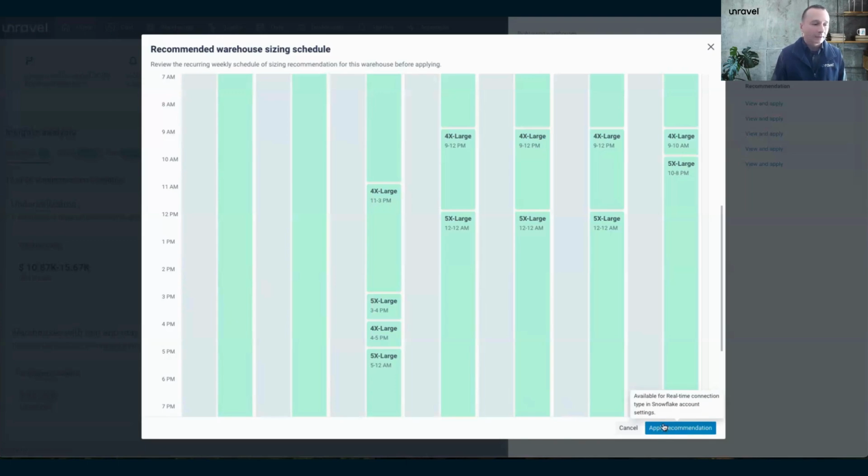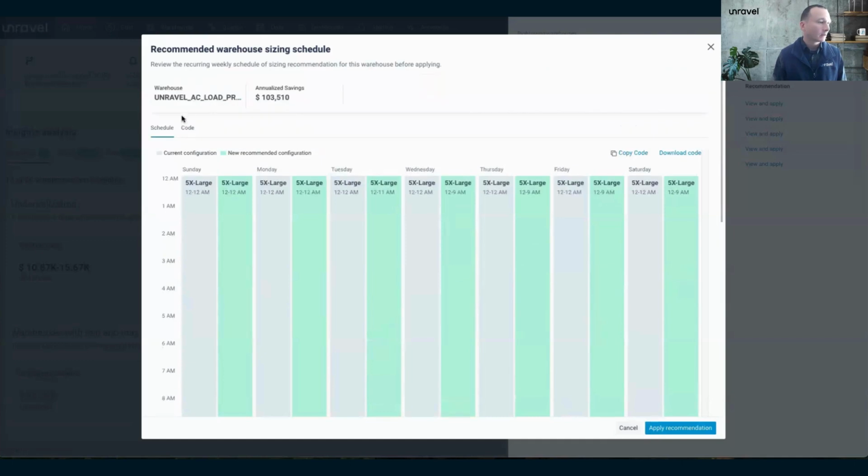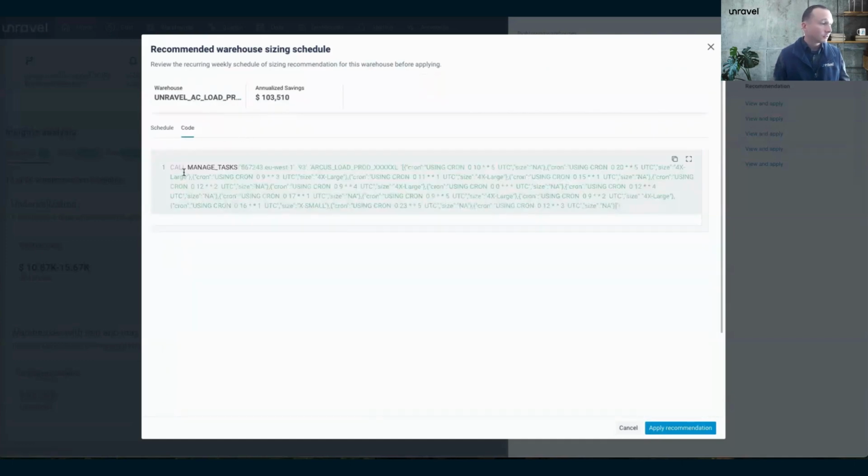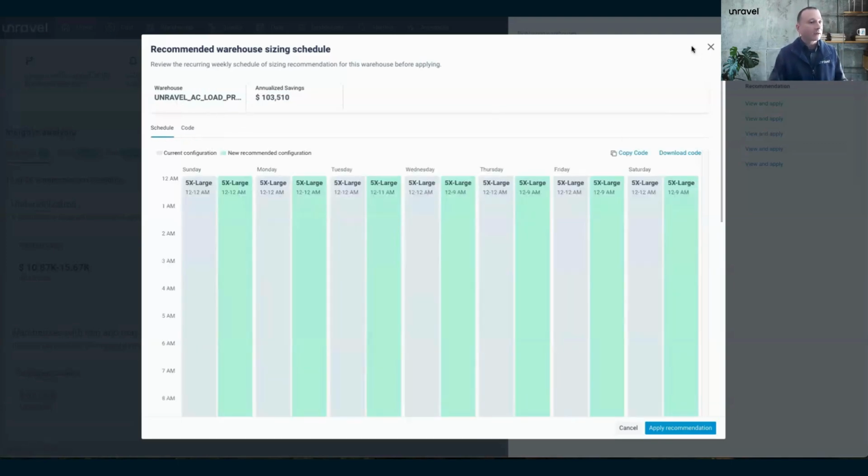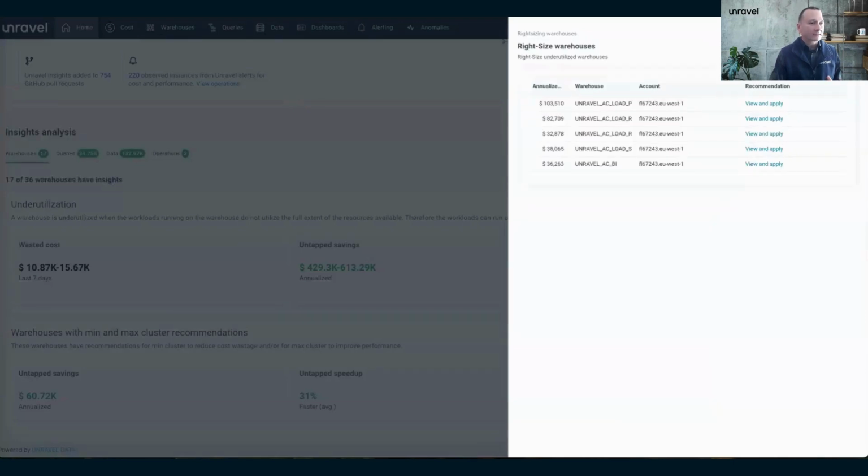We're giving you that easy button. There's actually some code behind here, and we give that to you too. It's just a call to manage the tasks behind the scenes to actually make those changes on those t-shirt sizes, but we're giving that to you. Okay, so that's that example.